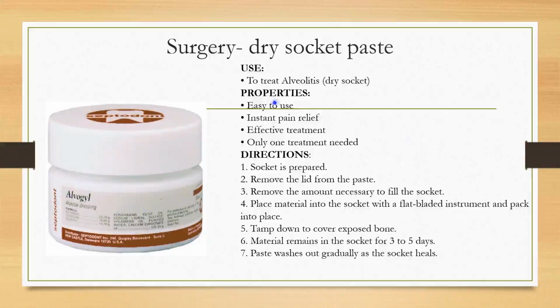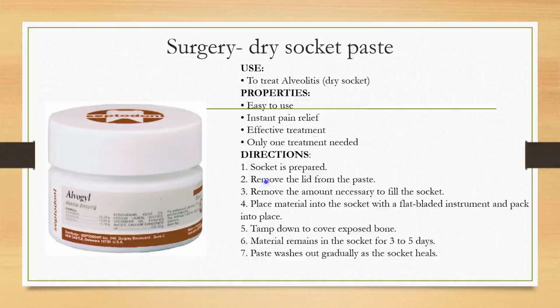So the properties of this dry socket paste: it's easy to use. It actually gives instant pain relief. When you use it, the patient will actually tell you the pain is relieved, and only one treatment is needed. When they just come once, you put it there, then that's it.